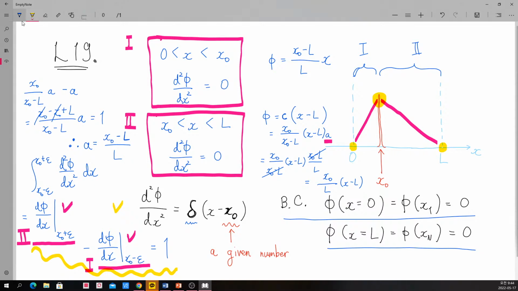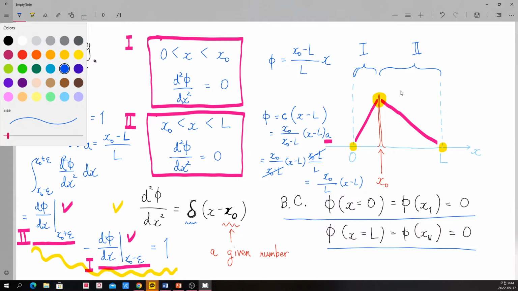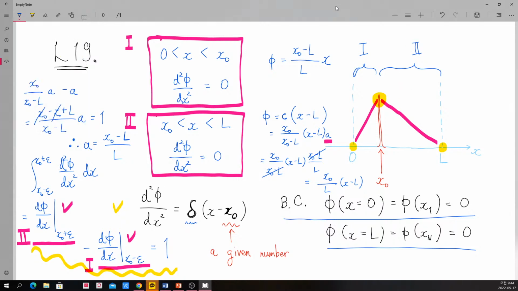And the answer is quite obvious. When we insert x naught into it, it becomes just L times x naught minus L. So this is the function value at this point.